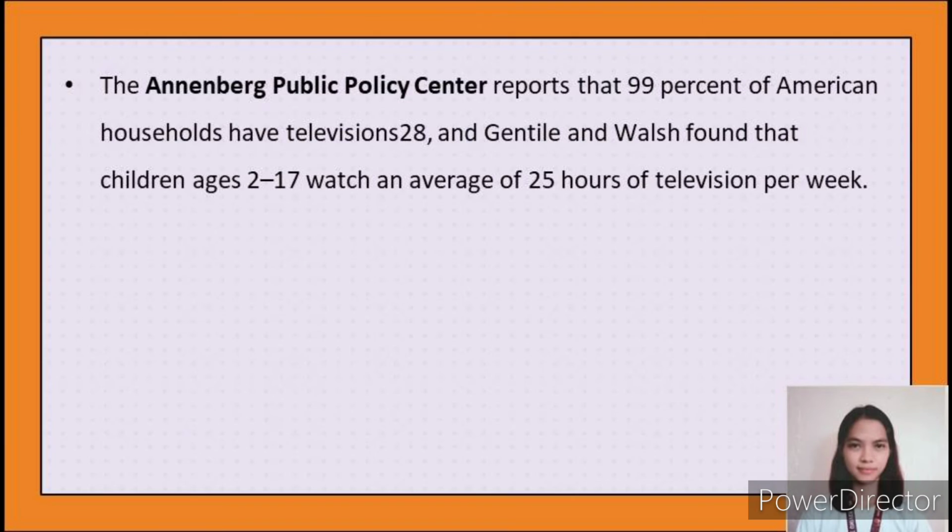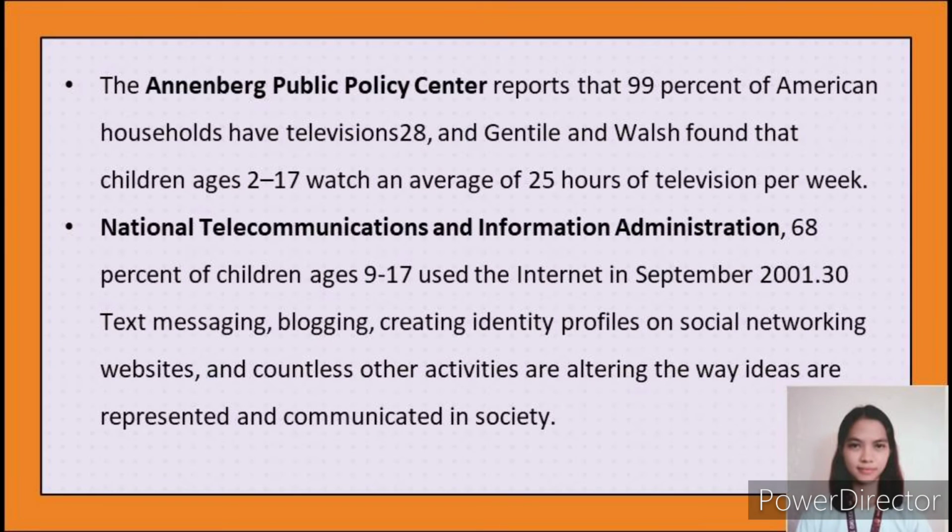The Annenberg Public Policy Center reports that 99% of American households have televisions, and Gentile and Walsh found that children aged 2 to 17 watch an average of 25 hours of television per week. The National Telecommunications and Information Administration reports that 68% of children ages 9 to 17 used the internet in September 2001.